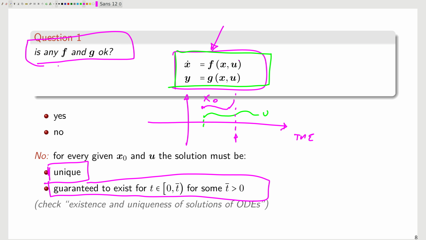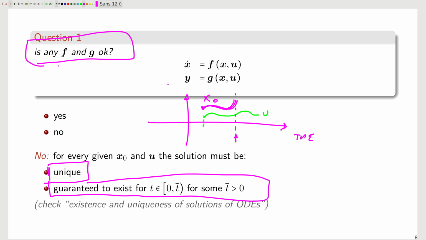If, mathematically speaking, we are not able to guarantee that there exists a solution, then we are writing something that is useless from a practical point of view. To be useful, those objects must return something that we can use. If the solution does not exist, then we basically waste our time.